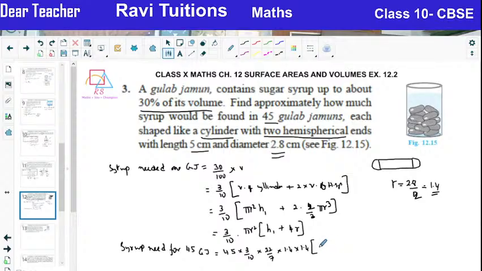So it is 5 plus 4 into 2.5 by 3. You simplify this, and you will get the sugar syrup needed in ml. So this is the question.